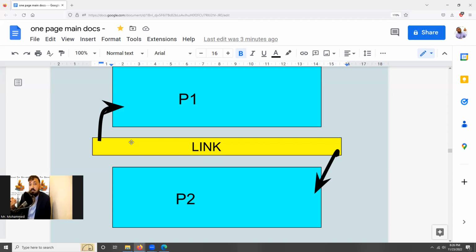Now, at National 5, most of the time you will only be asked to link in one direction. So very likely you will only be asked, for example, how does the link connect forward? Or you will only be asked how does the link connect backwards? Now at Higher level, it's different.